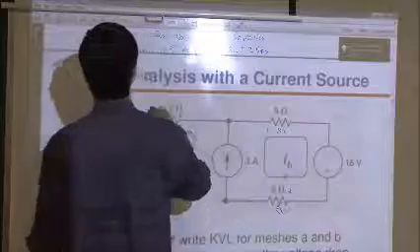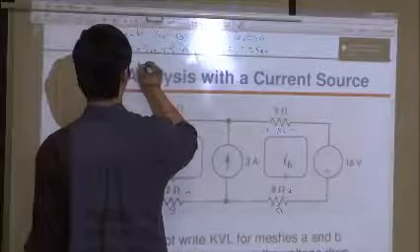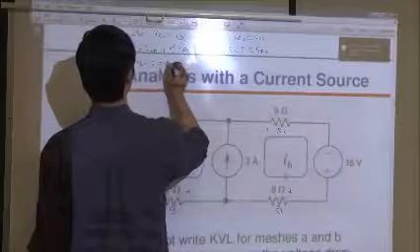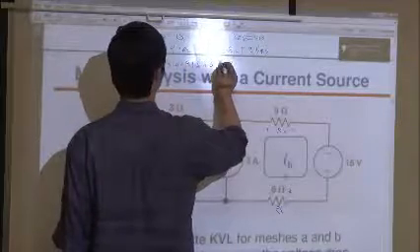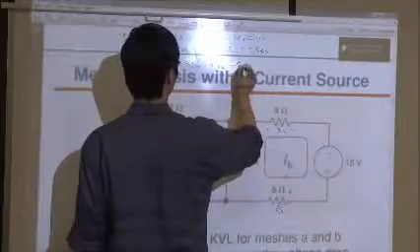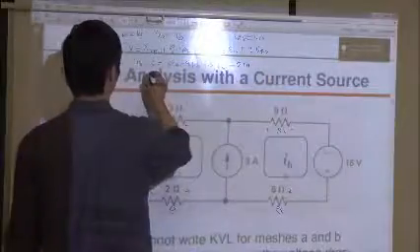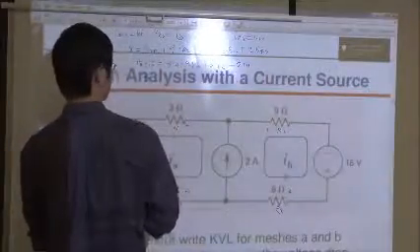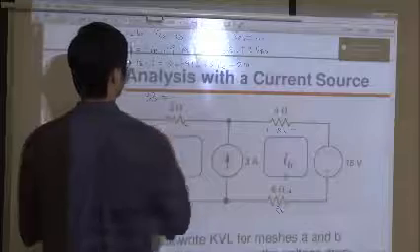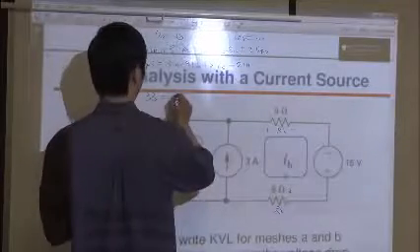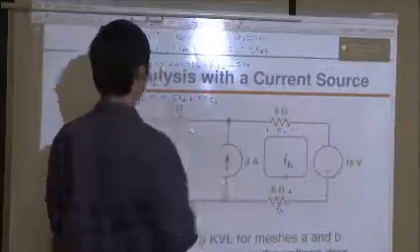So let's move the 15 over here. That will be 18 plus 15 equal to 3IA plus 9IB plus 6IB plus 2IA. So if I write here, 33 equals 5IA plus 15IB. Okay, that's the first equation.